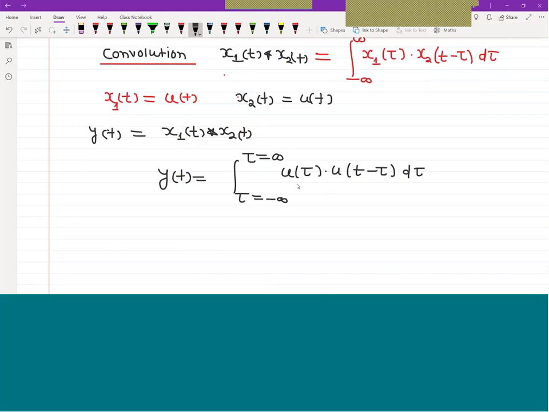Can I say the product of these two functions is valid? Valid for what? You can say the product of these two functions is valid for this.